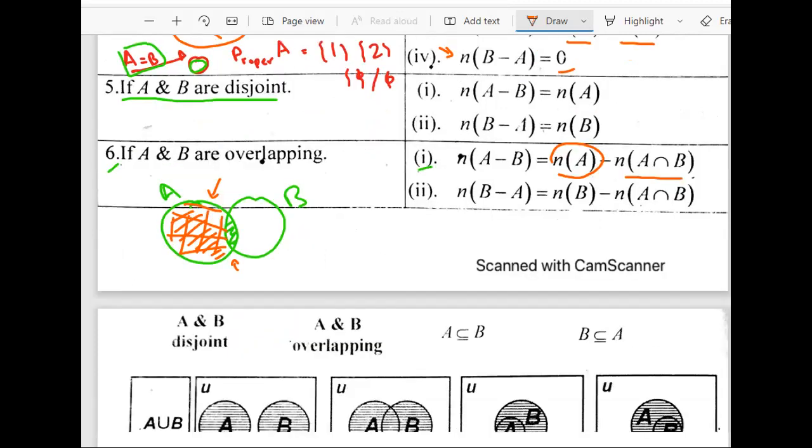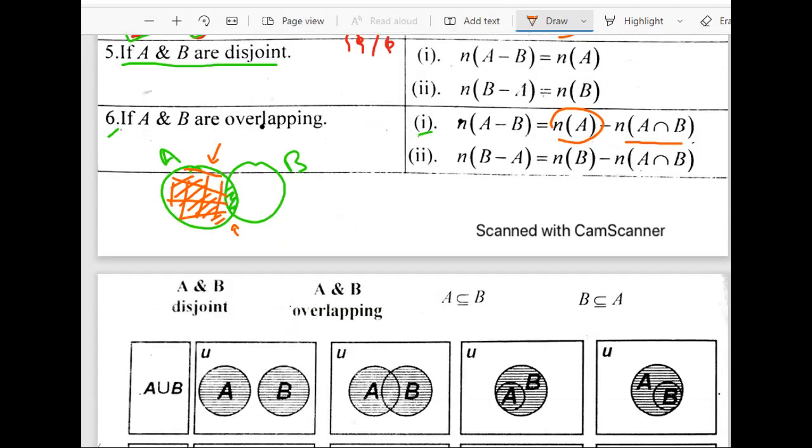Yes, ma'am. Okay, Emma, did you understand this? Yes. Okay. And if I talk about the second one, what do I have? Number of elements in B minus A. When I say B minus A, again, this is A and this is B. It is the same thing.